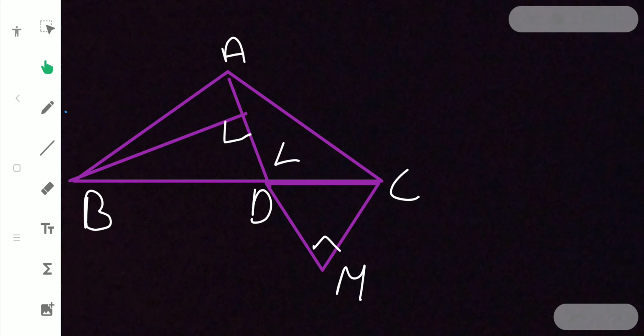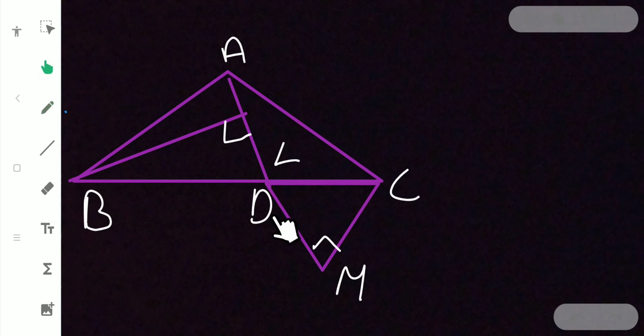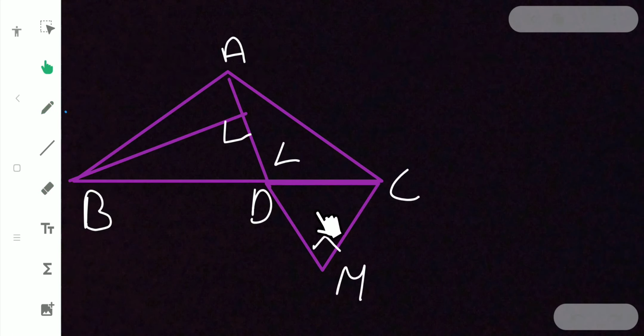Now I will consider triangle BLD and triangle DMC. Let us see what congruent parts there are between them.